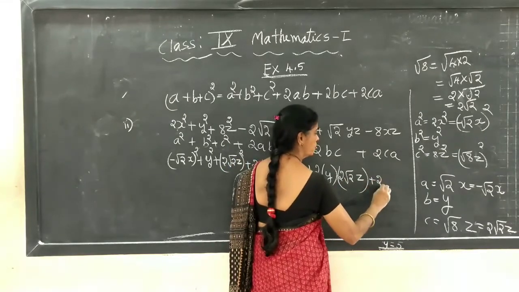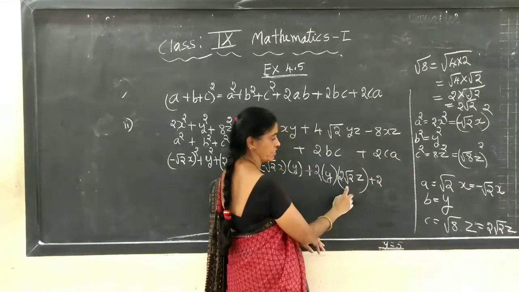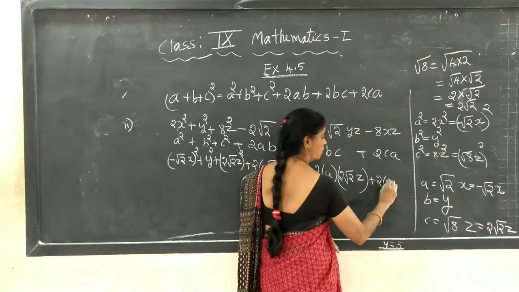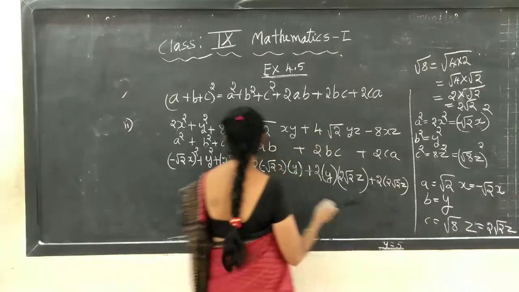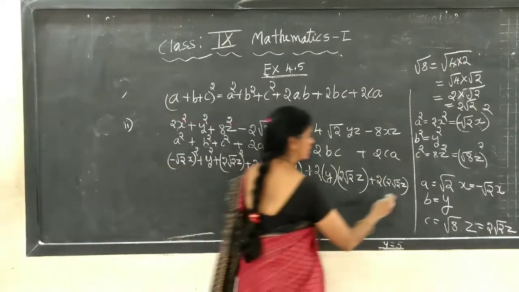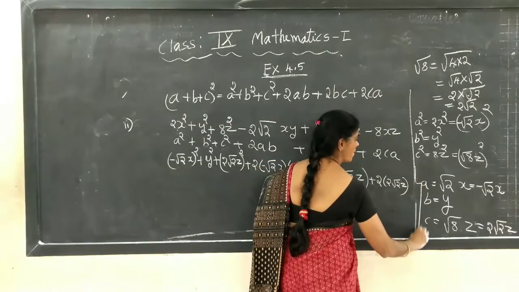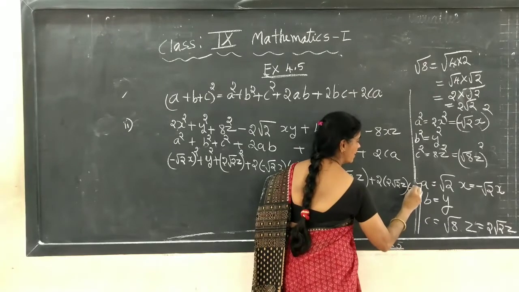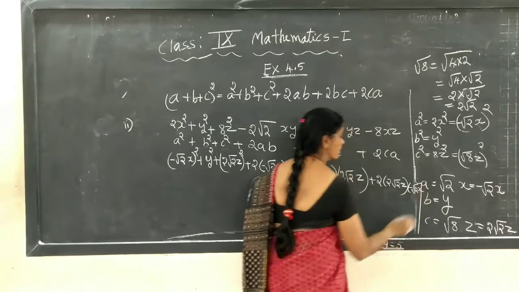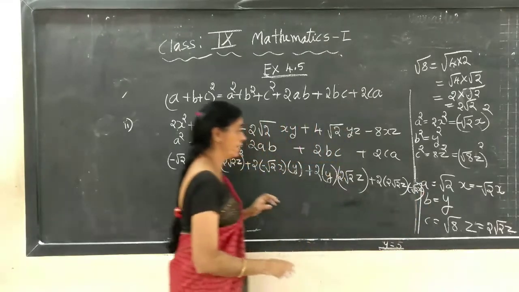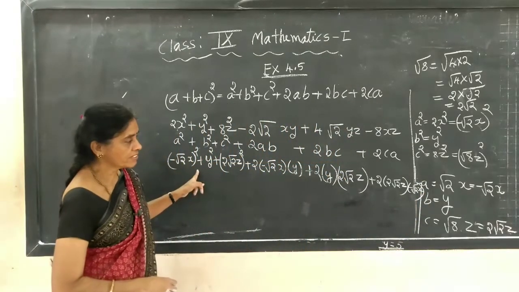Plus 2 into c, which is again this number, 2 square root 2 z, into a. a is how much? Minus square root 2 x.